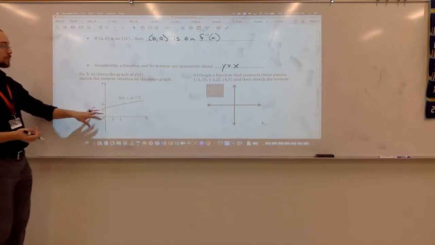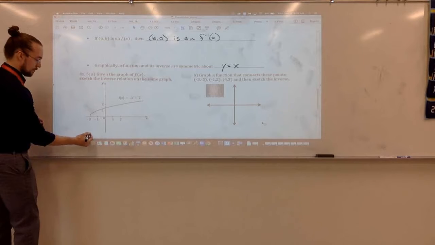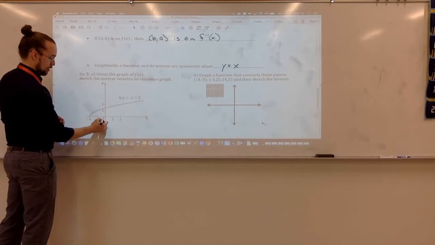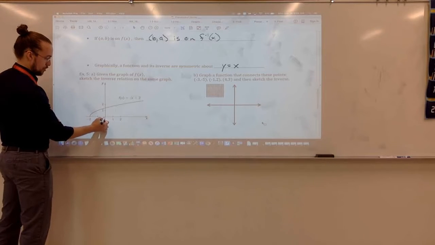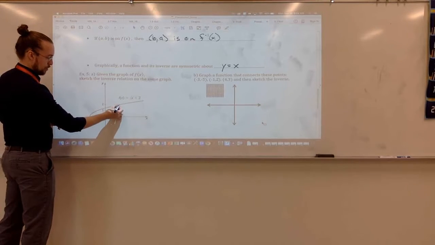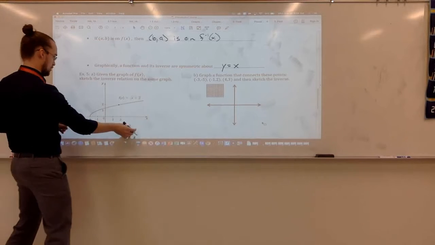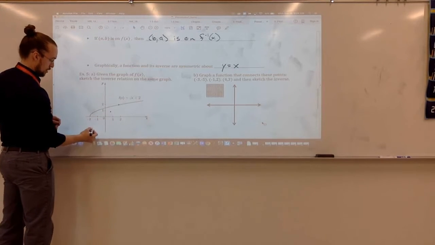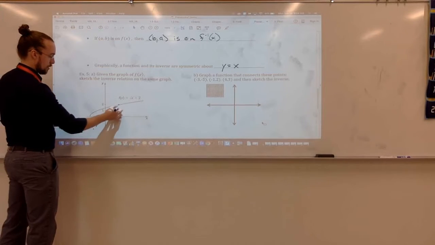So, if we look at this first example here, I'm going to sketch in the line y equals x. But what's going to end up happening?